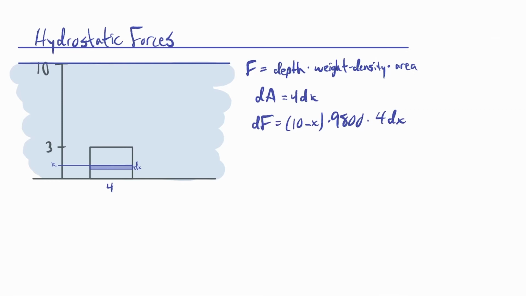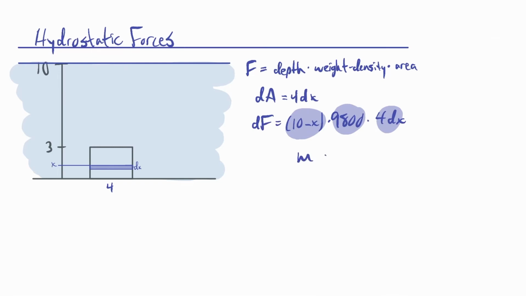And as we've done it a few times, I want you to think about this depth, oh, let me change the marker size. This depth is in meters. This weight density is in newtons per meter cubed, right? And this area is in meters squared.